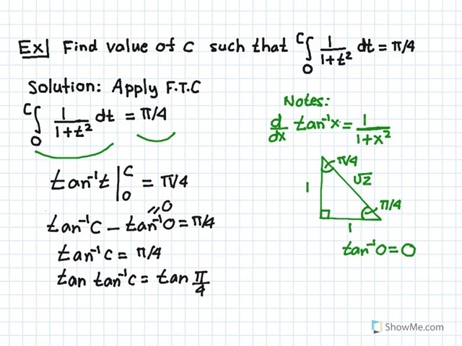Tangent and inverse tan are inverse functions, so we get a cancellation, and we're left with c is equal to tangent of pi over 4. From the diagram, tangent of pi over 4 is opposite over adjacent. That's 1 over 1. So the value of c is equal to 1.